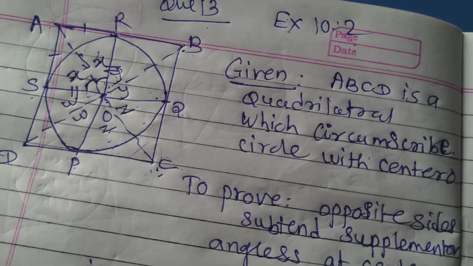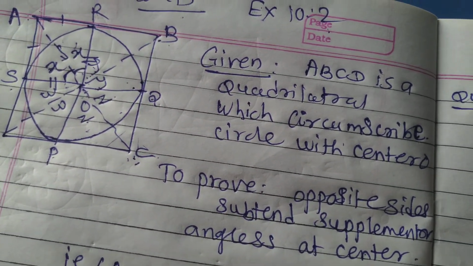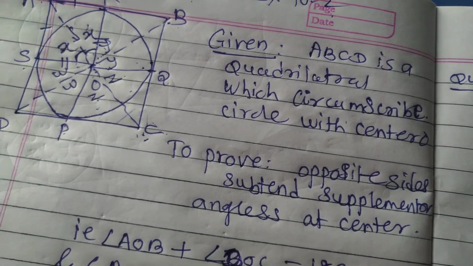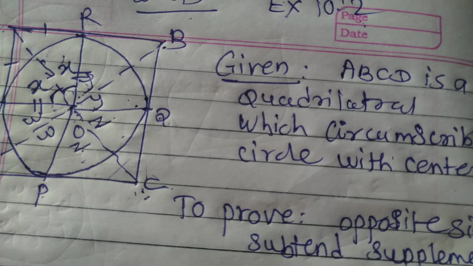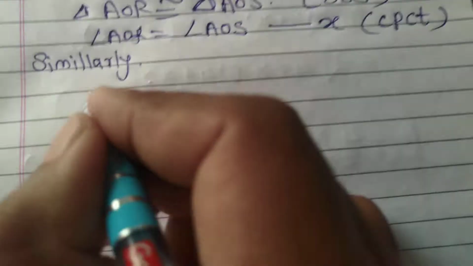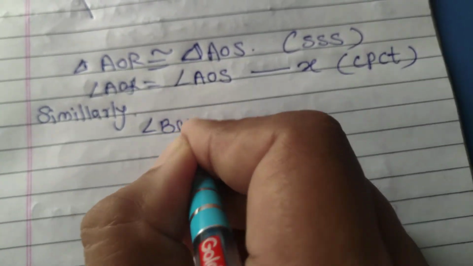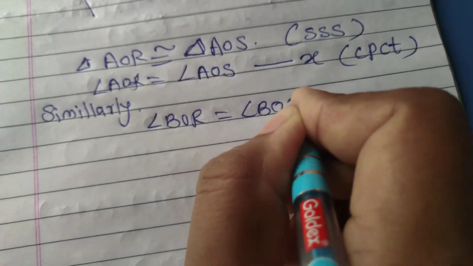Just write down all the pairs similarly. No need to write the proof again. Consider the second pair, BOR and BOQ: angle BOR equals angle BOQ.